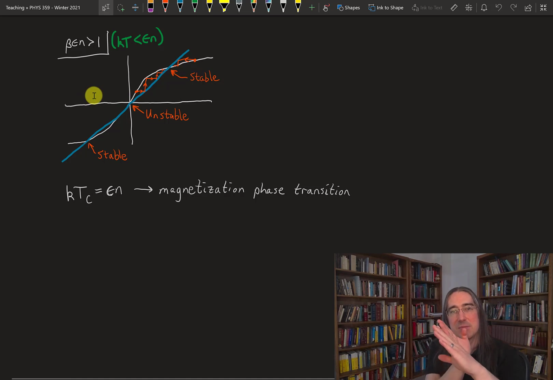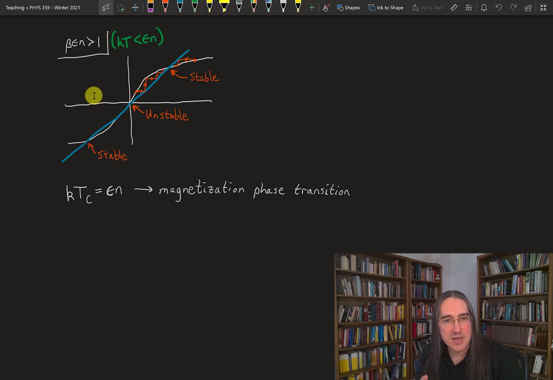These two have the same slope at the origin, which means if we get just a little bit away from the origin, yes, I'll still step over to S down to tanh, over to S down to tanh, but since their slopes are so similar, I'm making very small steps. In other words, at the critical temperature, while zero magnetization is in some sense stable, fluctuations away from zero are very, very slow to damp back to zero.